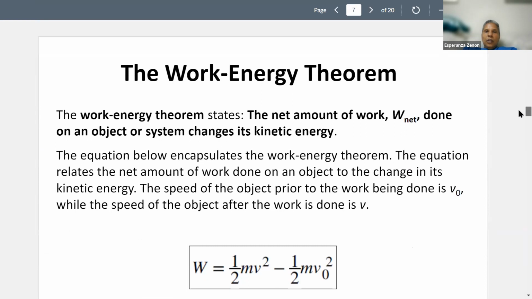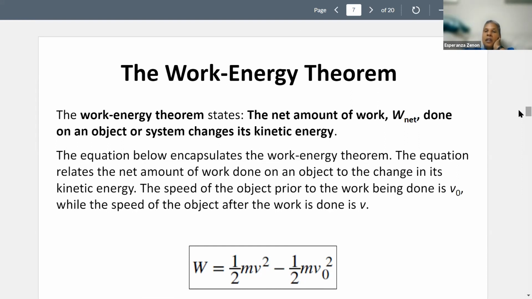The work energy theorem. So the work energy theorem looks at the relationship between work and energy. Okay, because we already said that work involves a transfer of energy. So what's the relationship there? The net amount of work done, and they use this W with the net subscript to distinguish, just like we did the net force.